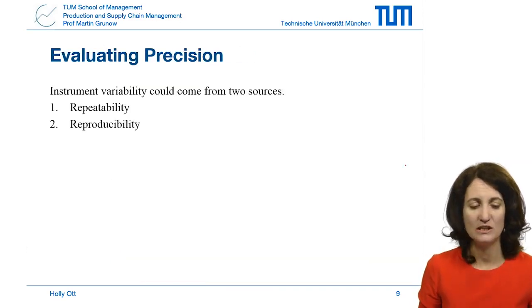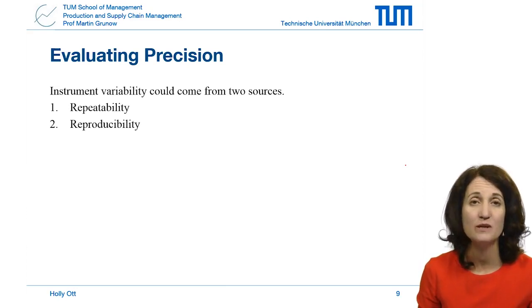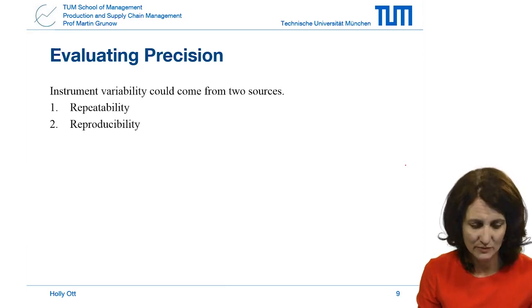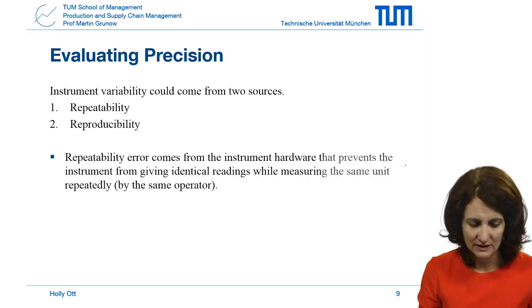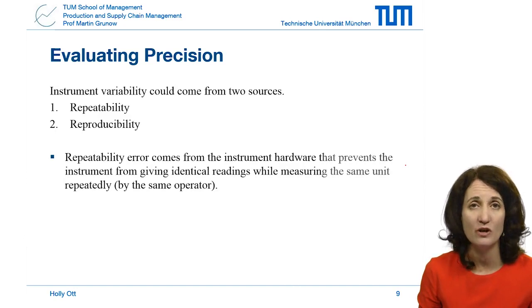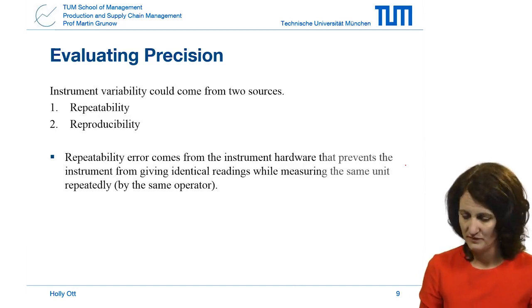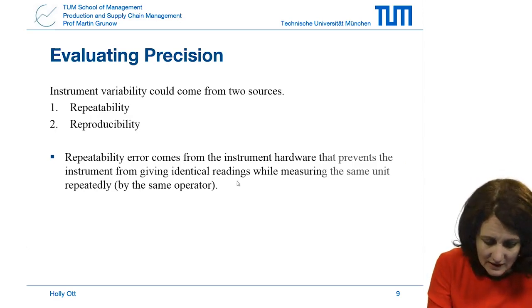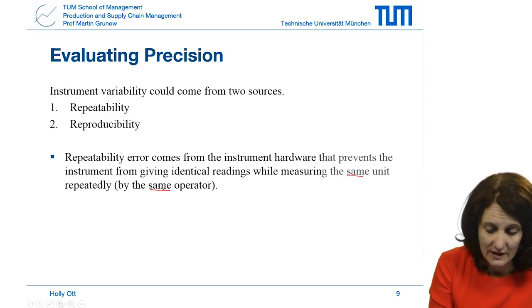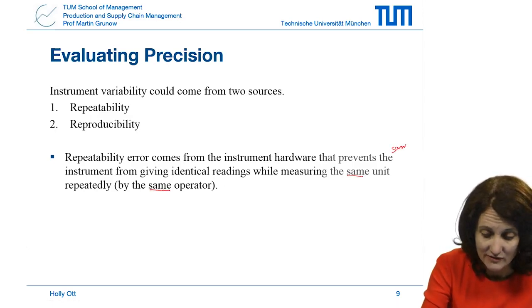Now we want to look a little more closely at evaluating precision. We said instrument variability can come from two sources, repeatability and reproducibility. Repeatability error comes from the instrument hardware that prevents the instrument from giving identical readings when measuring the same unit of a product repeatedly using the same operator. We emphasize here: same unit, same operator, and the same instrument, of course.